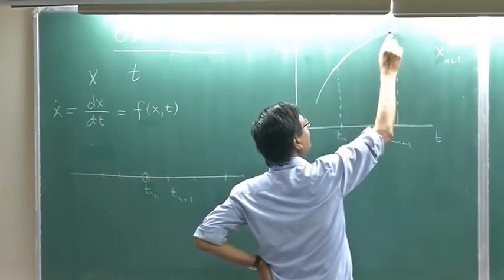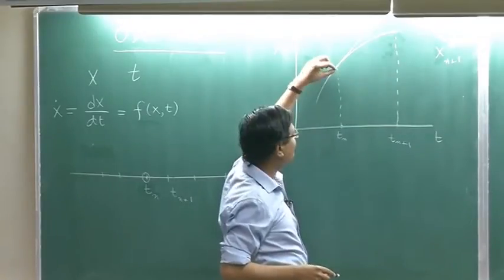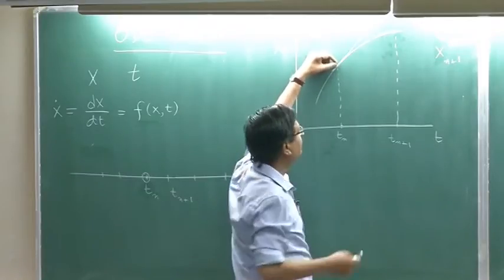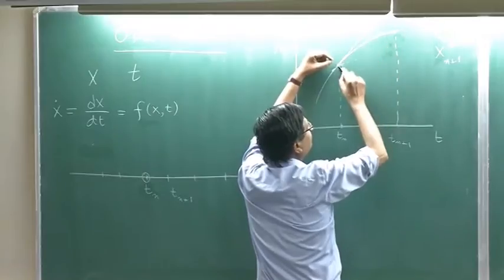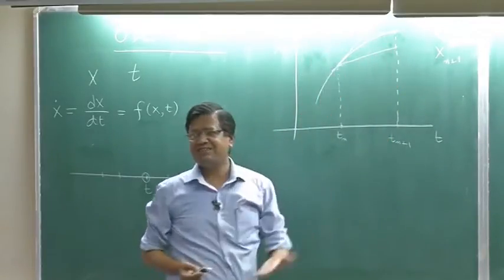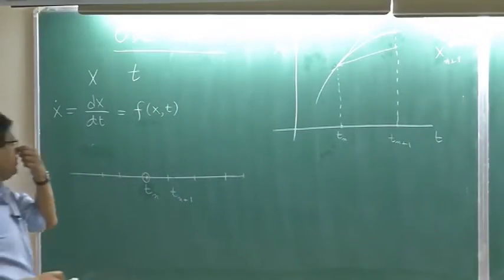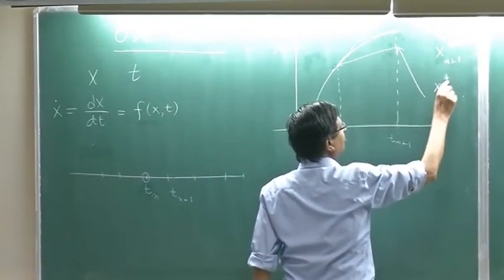Then I can use this slope to extrapolate from here, because this is my present position. Parallel to this slope I reach here, which again is an underestimate. I am not able to reach my correct value, but this is called backward. So x backward.